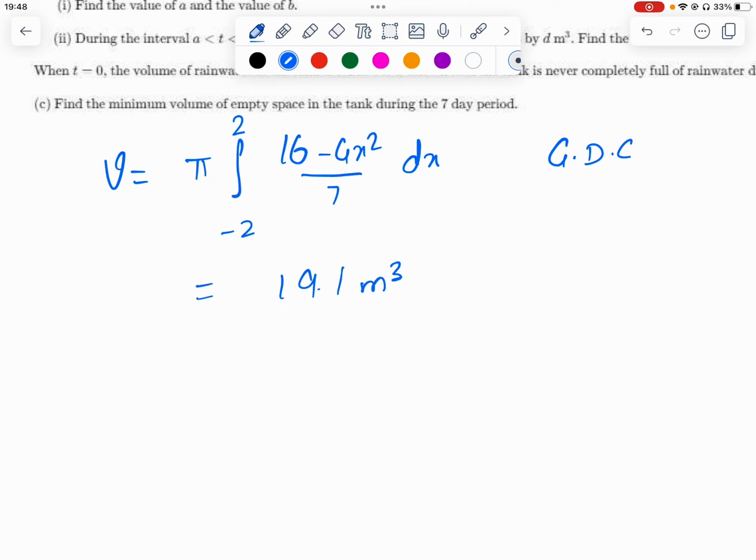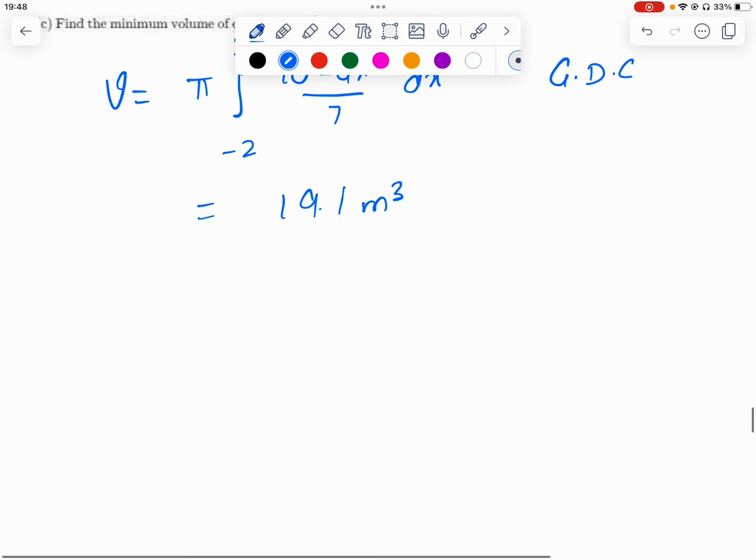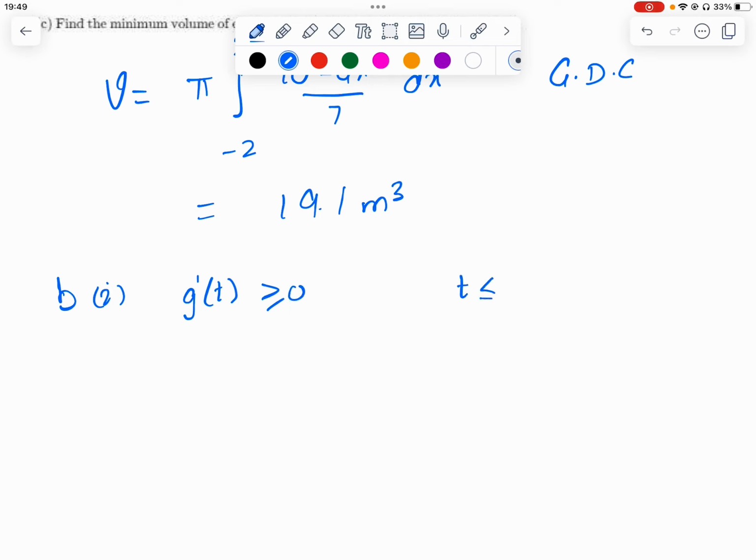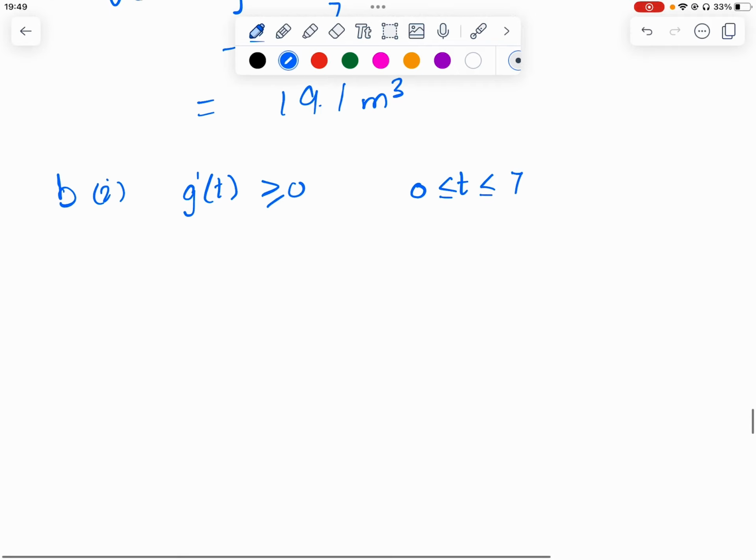Now, what am I going to do? Part B, part 1: g prime t should be greater than or equal to 0 for increasing, where t lies between 0 to 7. So we will take g prime t equal to 0.